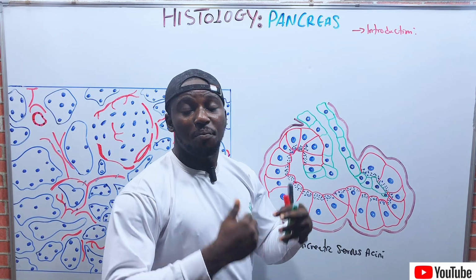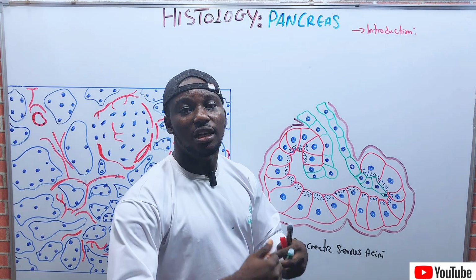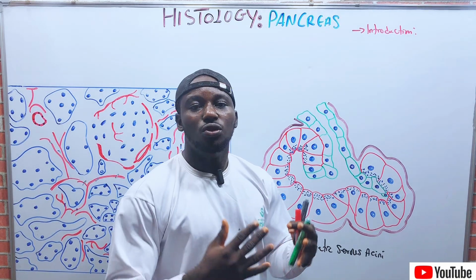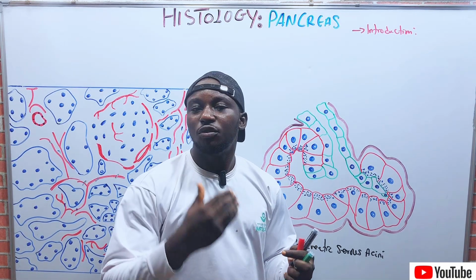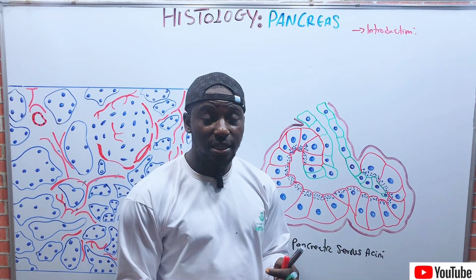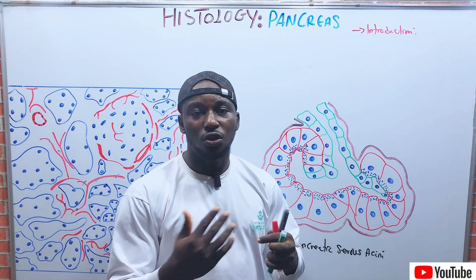That is where the pancreas is situated in the anterior abdominal region. If you are trying to locate where the pancreas is found, you have to use the regions of the abdomen, particularly the epigastric and the left hypochondriac region.